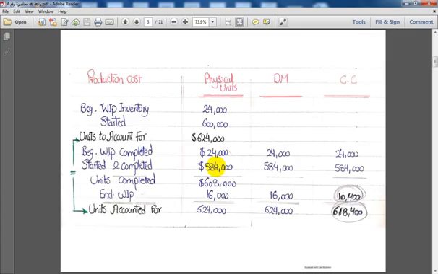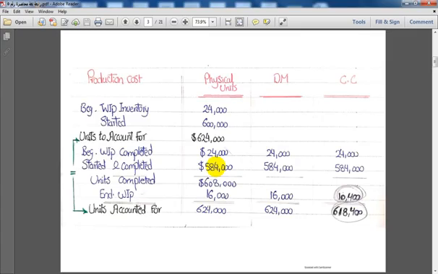We have direct material added at the start of the production process. We have beginning work in process at 70% complete, ending work in process inventory at 60% complete, and units started 1,500,000.